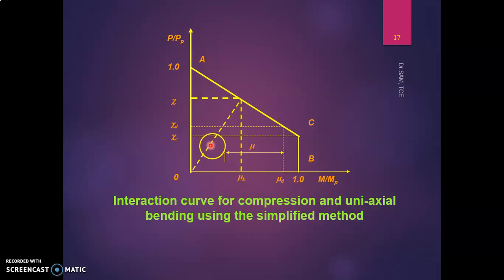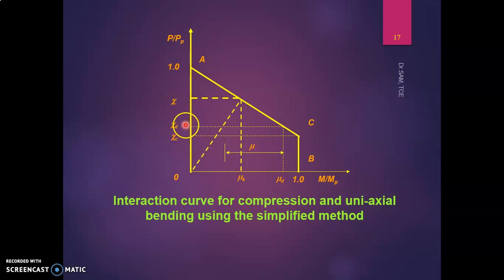Now here, up to chi c there is no moment in your case, but when I exceed chi c there is a reduction in the moment curve, that is this region. Since it is not an ideal column, the practical column has a reduction of chi factor. Now mu is nothing but the moment reduction factor due to the imperfection in the column under compression.